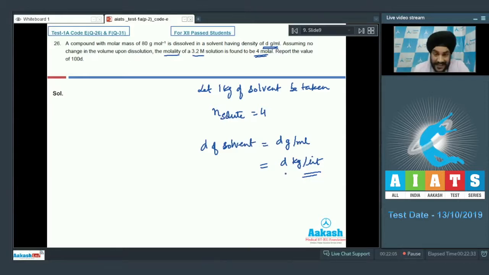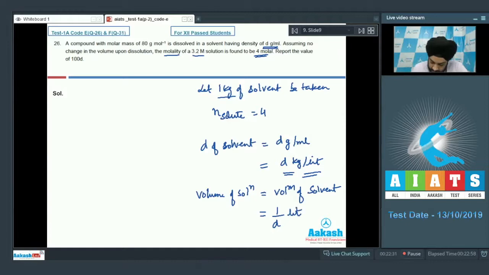So the volume of the solution will be equal to the volume of the solvent. And the volume of the solvent can be found out using the mass and the density data. The volume of the solvent will come out to be equal to 1 by d liters.